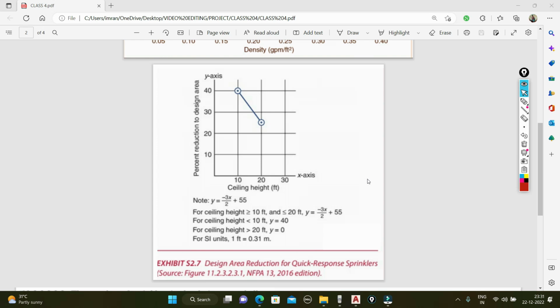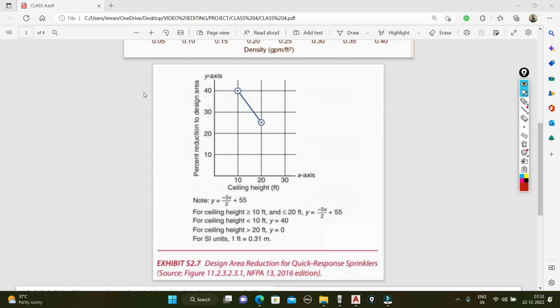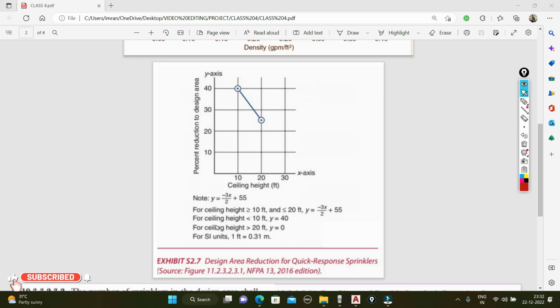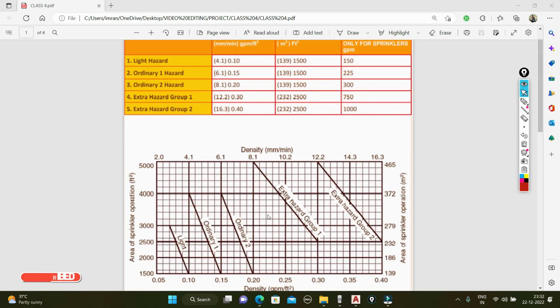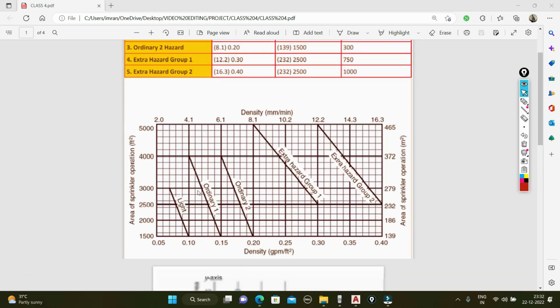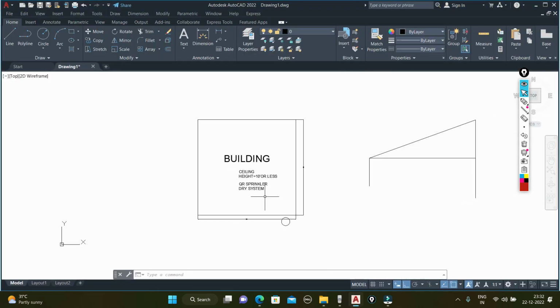Okay, so we want to design the firefighting system up to the mark. So we have to consider this example, design area reduction, or this density curve graph. Okay, thank you very much.